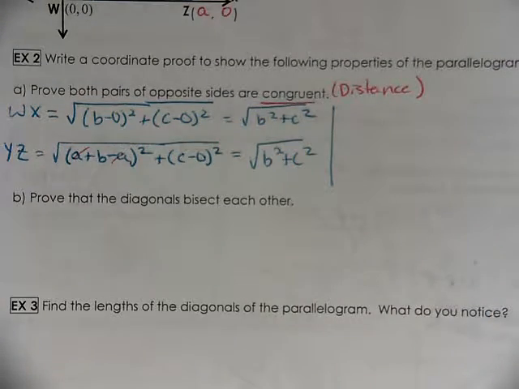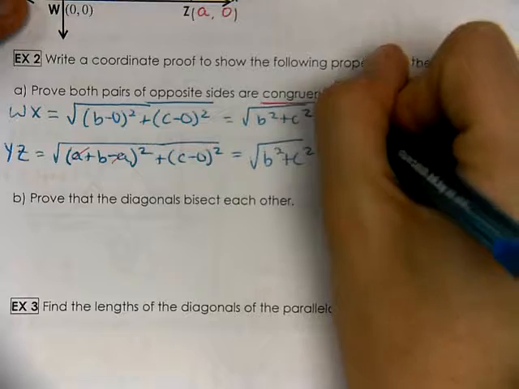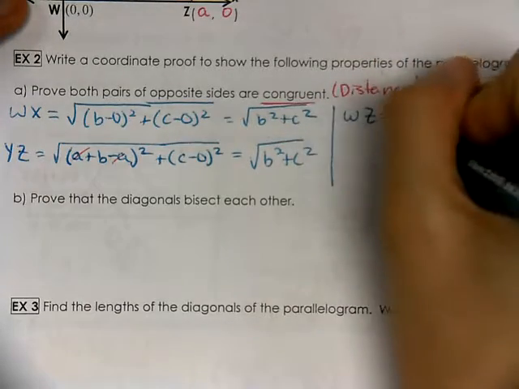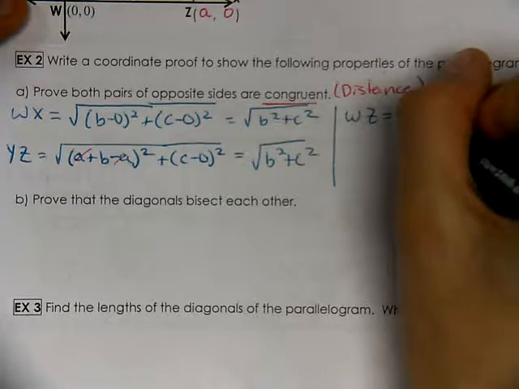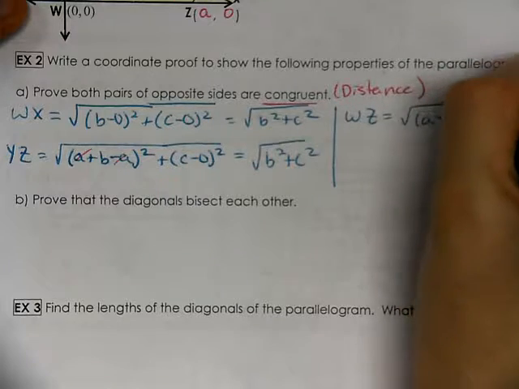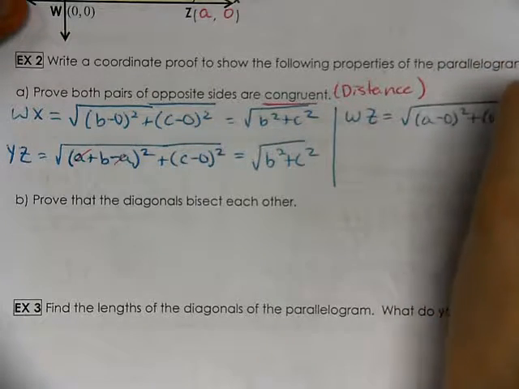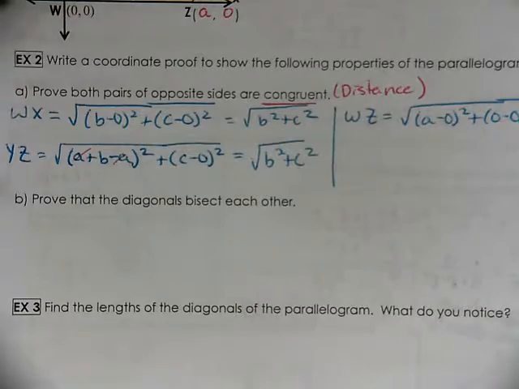Now I have to do it again with WZ and XY. So WZ: A minus 0 squared plus 0 minus 0 squared.